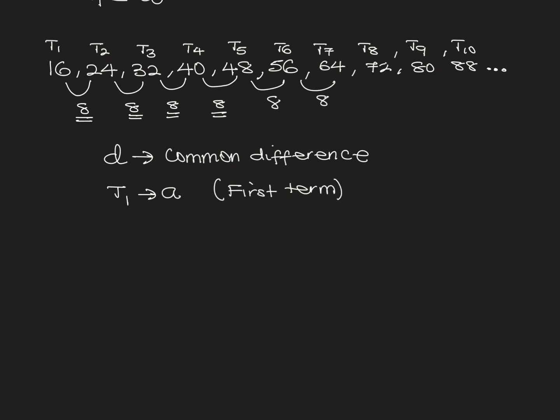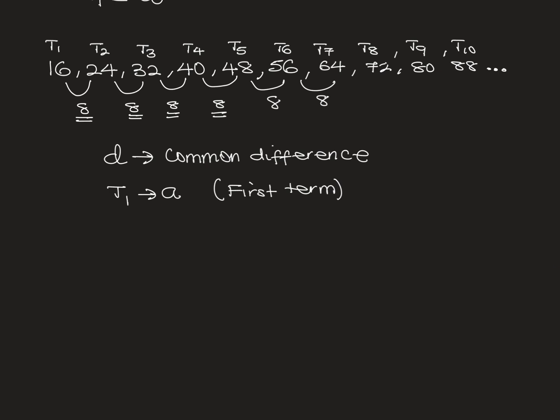Let's say we do not want to write the numbers like this because it will become more and more lengthy as we go on. If we should write the numbers up to the 50th term or the 100th term, imagine how much space you would require. That will be very, very tedious. This is why we have to know how to use the formula.